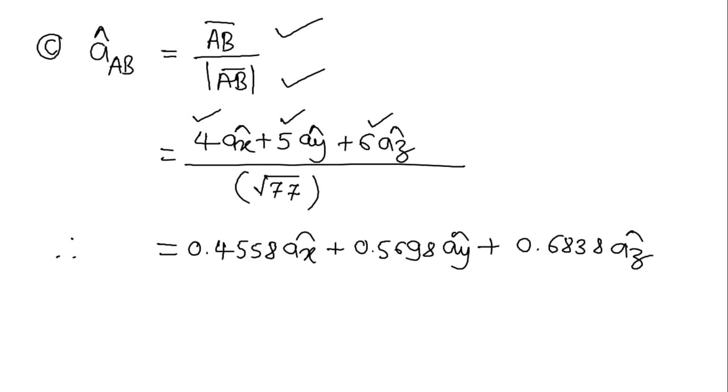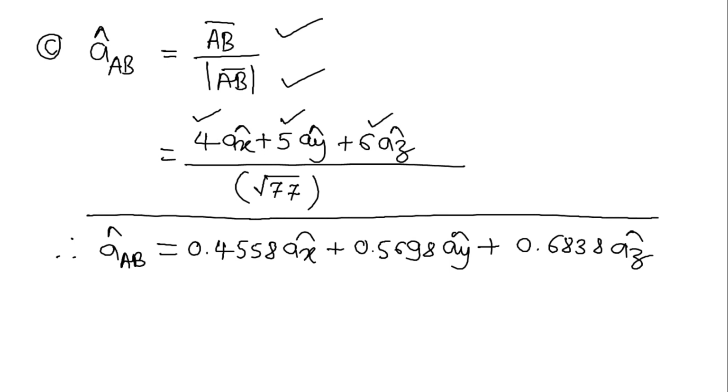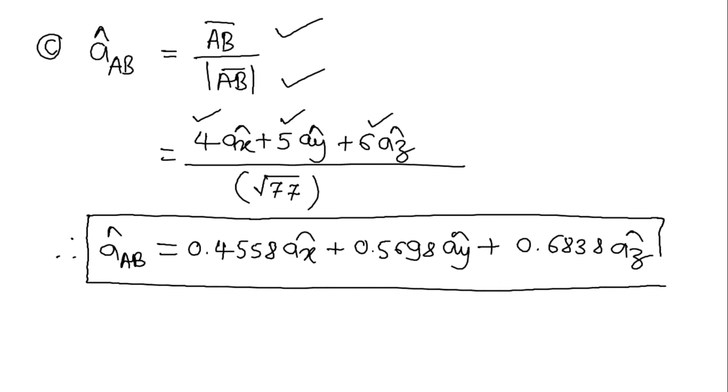This is the required unit vector as a solution to part C here. You can also outline this representation that we have computed. I just make the outline here, and then we shall move on to finding a solution for the last part of this problem statement, that is part D.